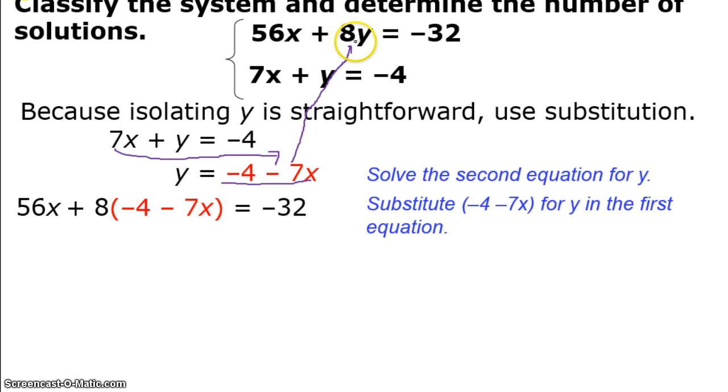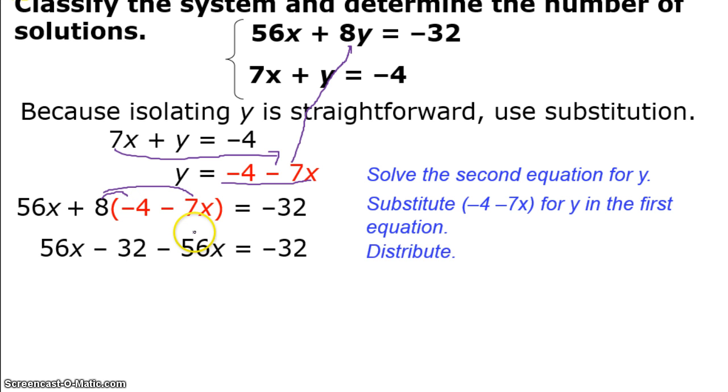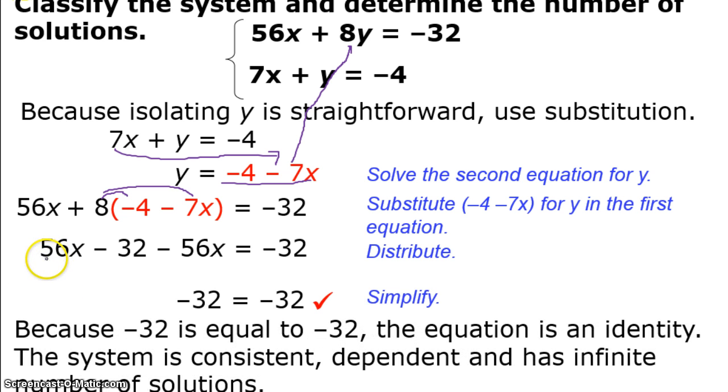So again, you're going to want to put the parentheses in, because you are going to be multiplying it with the 8, so you will distribute the 8. And then you will combine your like terms. Again, look what happens to your x's. They cancel out. This time you're left with the negative 32 on the left equals negative 32 on the right.